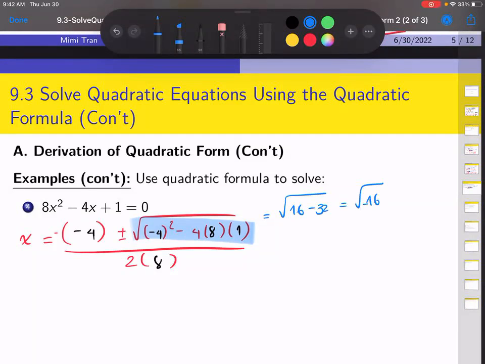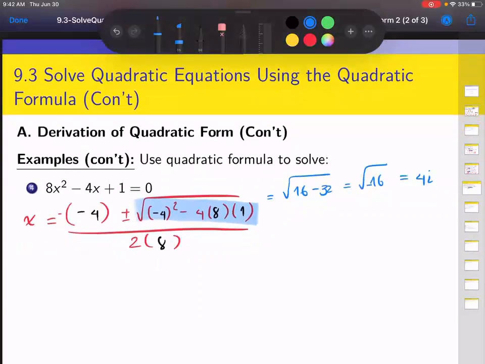How can I simplify the square root of minus 16? 4i, right? Very good, 4i. So now you have x equal positive 4 plus or minus 4i over 16.